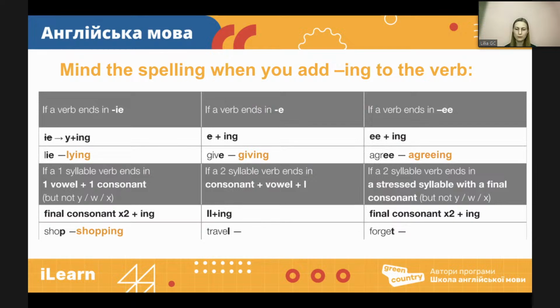Should be obvious. Please, hurry up. Traveling. Okay, I can see two different options. So here's the thing. Typically, we use double L when it comes to British spelling and could be one L if it's American spelling. But we double it because we stick to British English. Okay, and forget. What do you think?